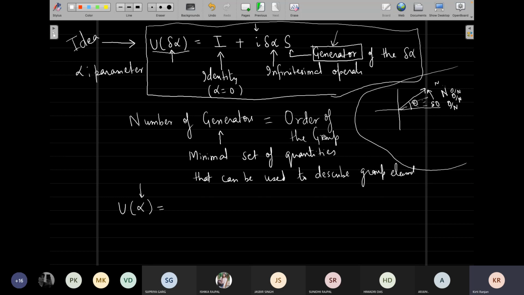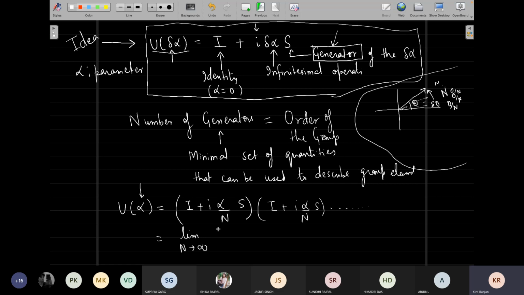So let me write down I plus I alpha over n S, and this is applied n times. In fact, this infinitesimal should be as small as possible.